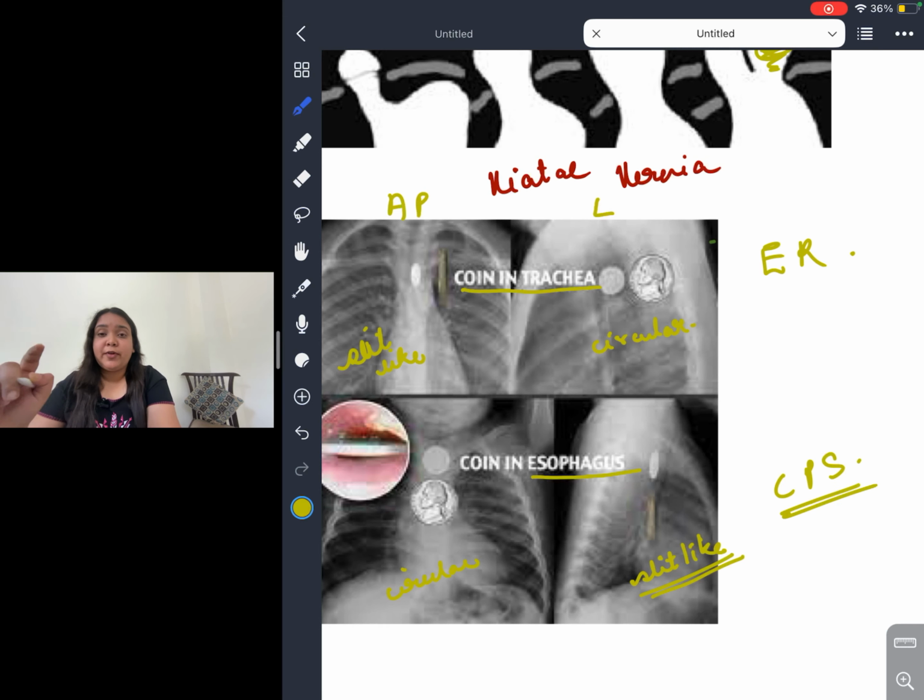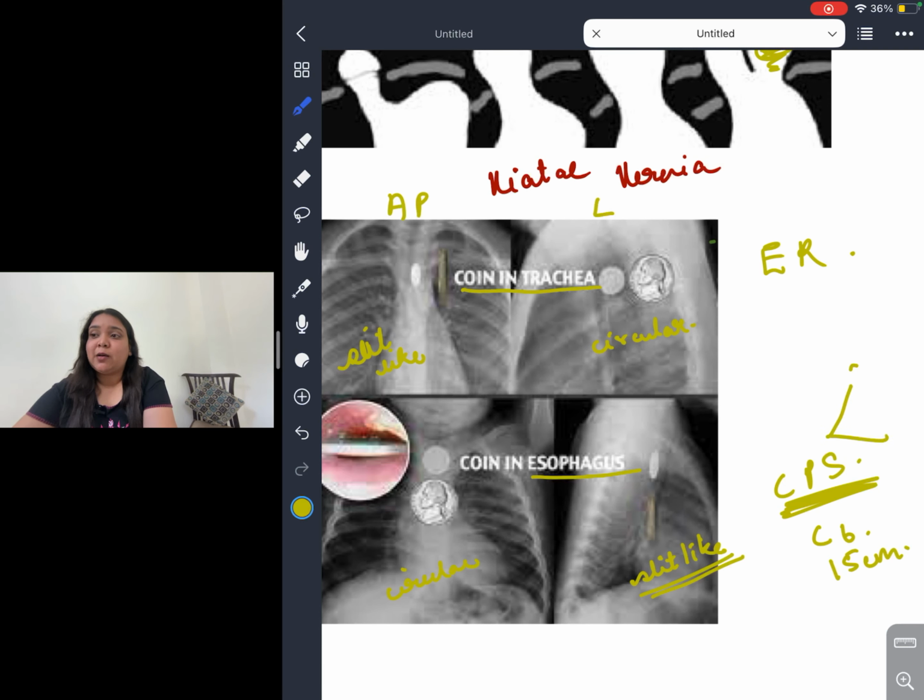This cricopharyngeal sphincter is present at the level of C6 and is 15 centimeters from the incisors. If a foreign body comes below it, it can definitely pass through your GIT, because the cricopharyngeal sphincter is the narrowest part of your GIT. So if something goes below it, it can definitely come out. So you have to look whether the foreign body is above or below this cricopharyngeal sphincter.